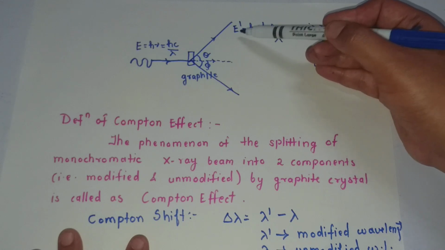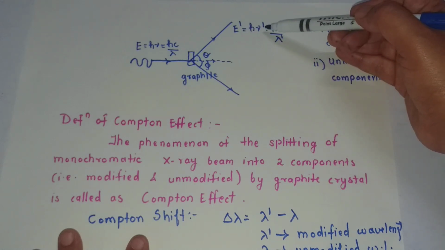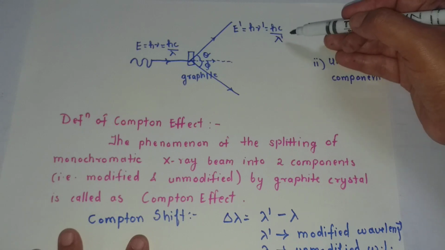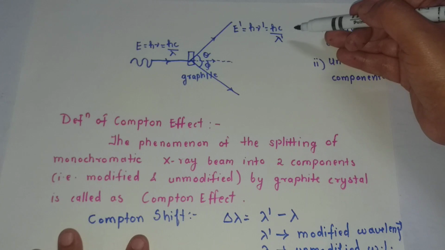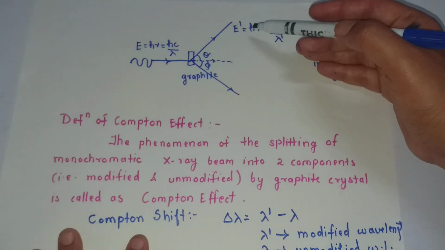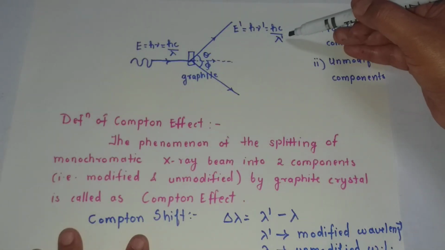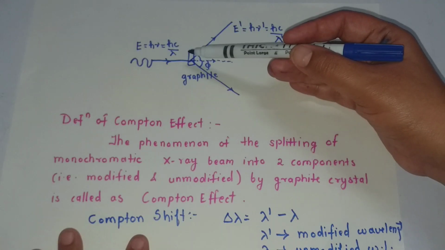As energy is directly proportional to frequency, the scattered photon will have less frequency and therefore longer wavelength. So there is a modification in the wavelength of scattered photon. So the scattered radiation consists of modified components, that is those photons which have longer wavelength than the incident ones.